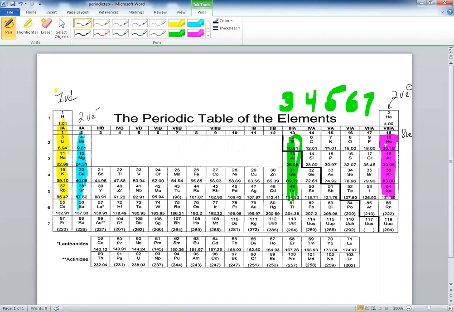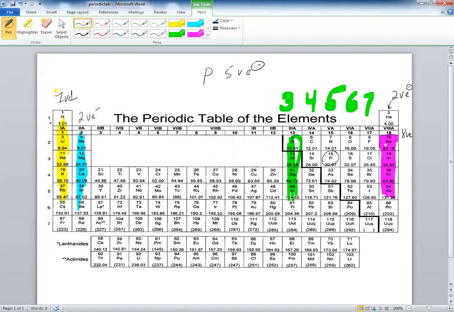So if I am in class and I need to look up the number of valence electrons for phosphorus, well, it says 5 here, or Roman numeral. So it would be 5 valence electrons. And so on and so forth. The main ones we're dealing with are carbon, nitrogen, oxygen, fluorine, of course, and the halogens right here. And of course, in addition to hydrogen. So these are the critical ones.